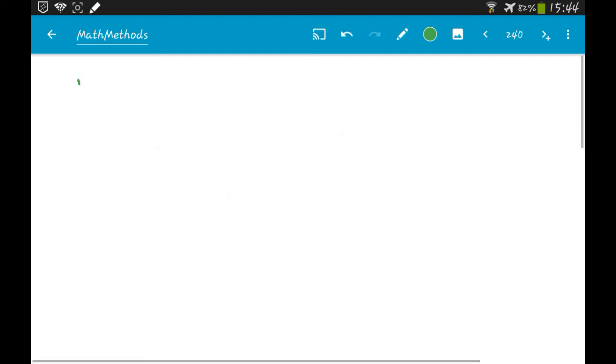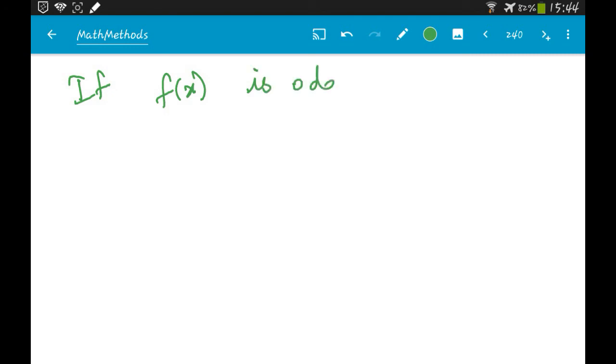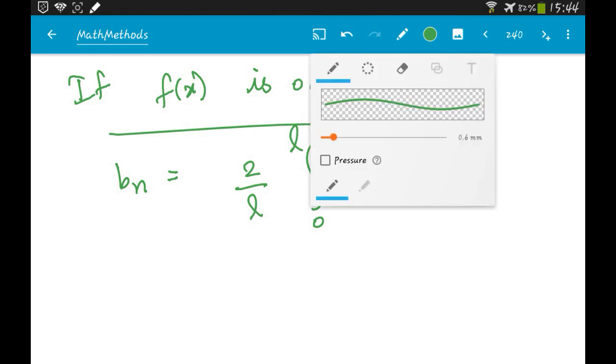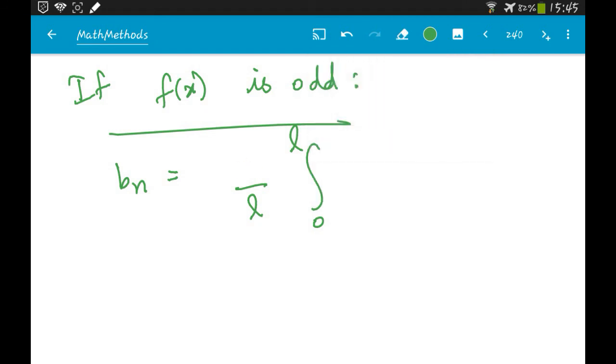Now if f of x is odd, then bn would be 2 by L, 0 to L. So let's write it down properly.